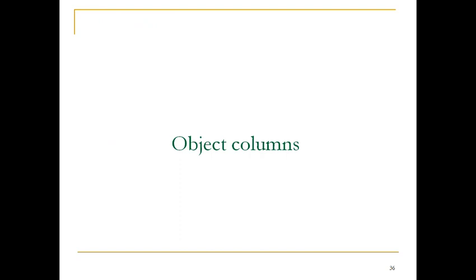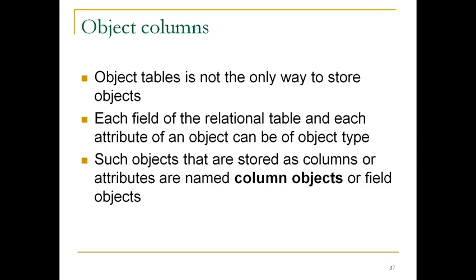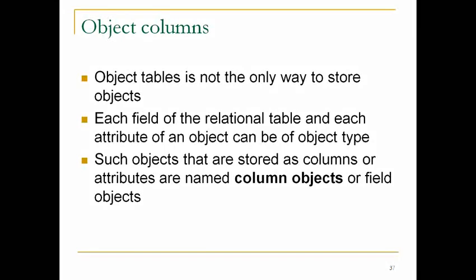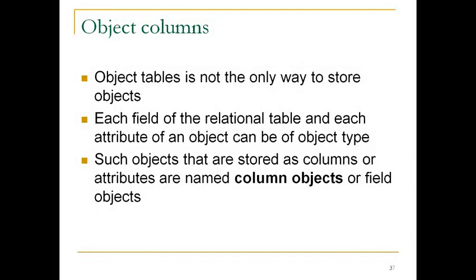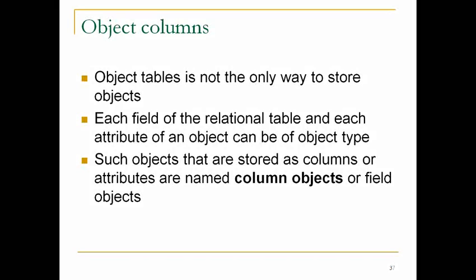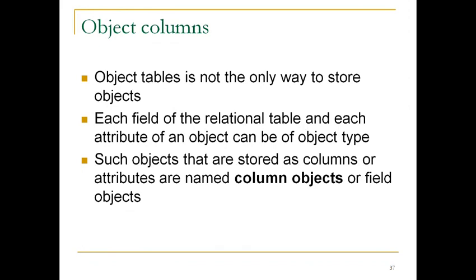The other option, how can we store objects, as I also already mentioned, each column can be a separate object. Both the column of the database can be an object, and also any object's attribute can be an object itself. So we can actually create something like this.